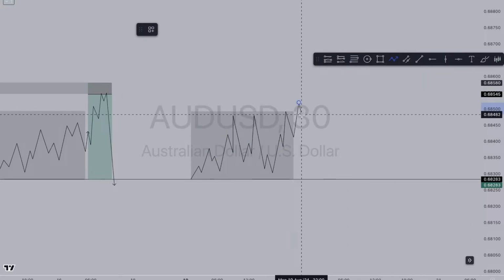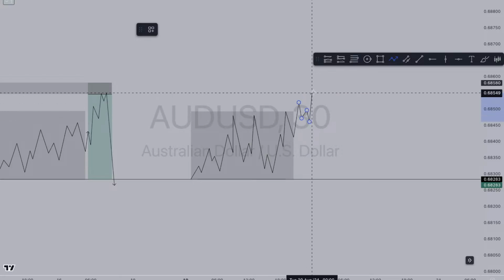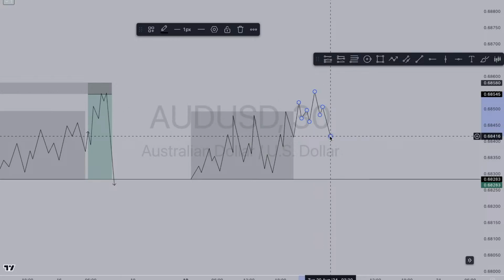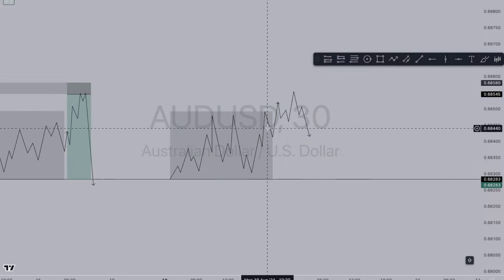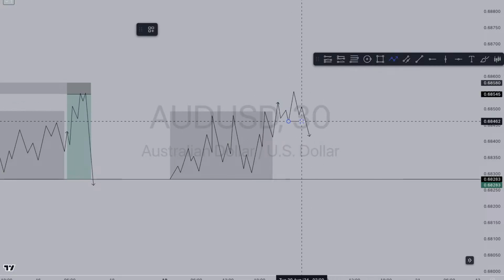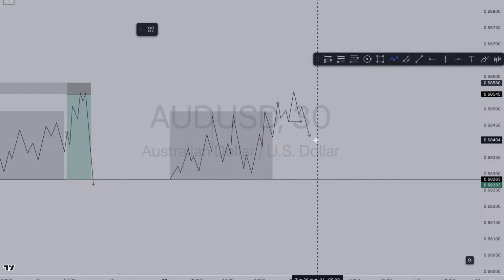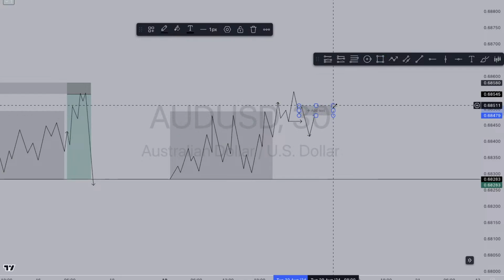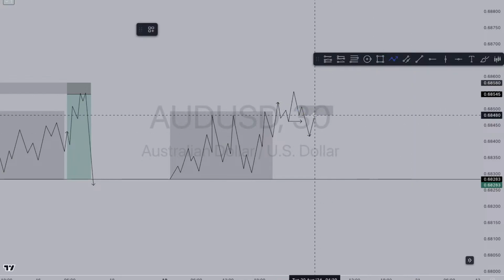And then we change character. Why we changed character is because we were bullish here. We formed a higher high, lower low. We changed the character here. Then all we do now is wait for a retracement to the supply zone here. Then we take the sell into Asian low.